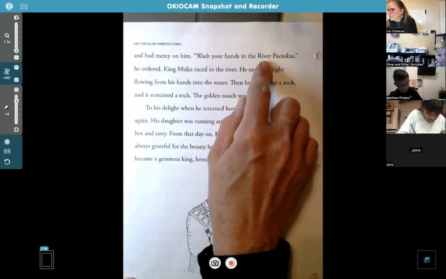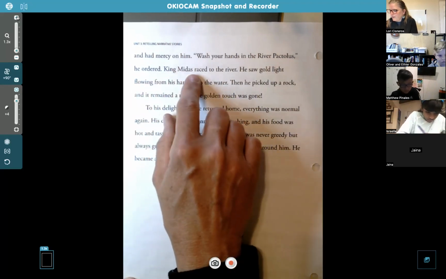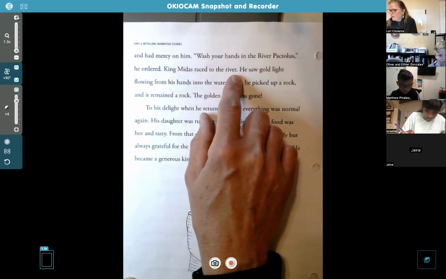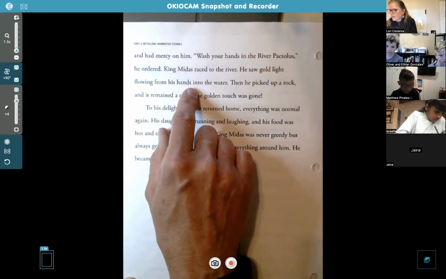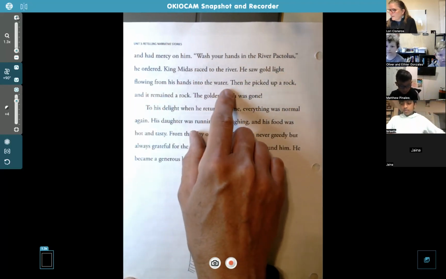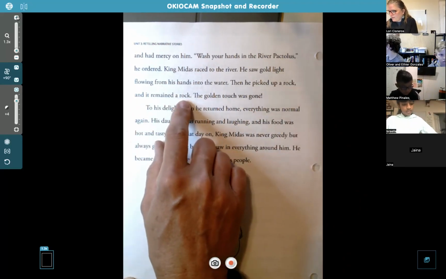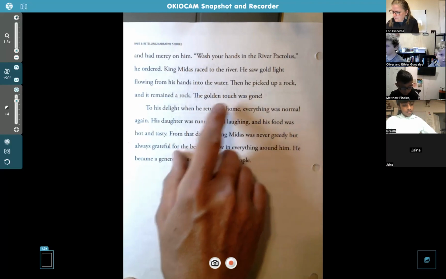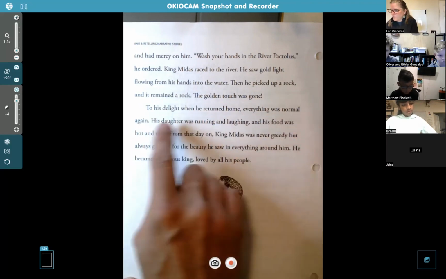"Wash your hands in the river Pactolus," he ordered. King Midas raced to the river, and he saw gold light flowing from his hands into the water. Then he picked up a rock, and it remained a rock. The golden touch was gone. To his delight, when he returned home, everything was normal again.